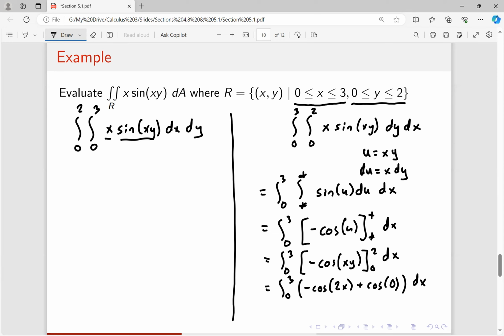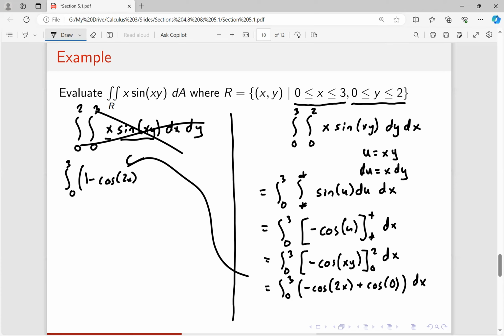Since cosine of 0 is 1, I'm integrating from 0 to 3 of, let's do the 1 first, 1 minus cosine of 2x dx.